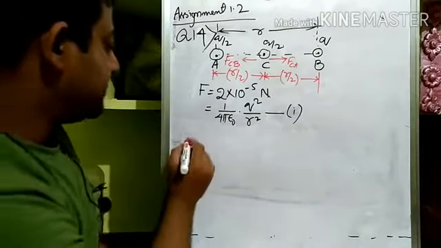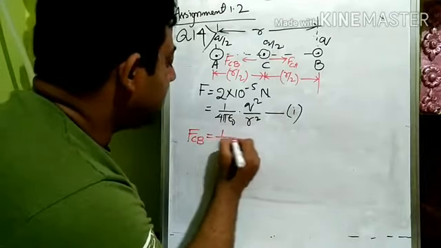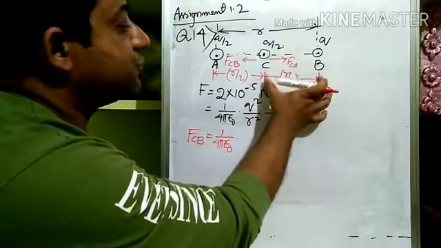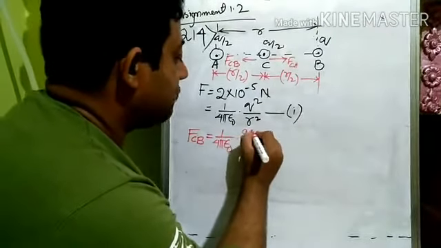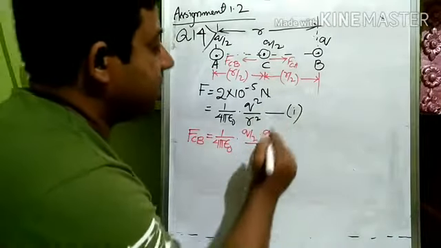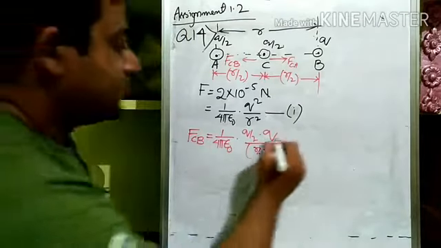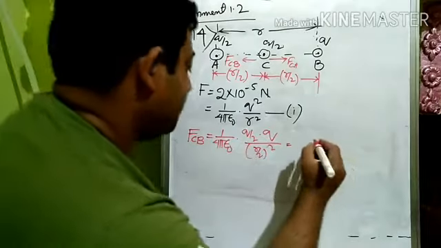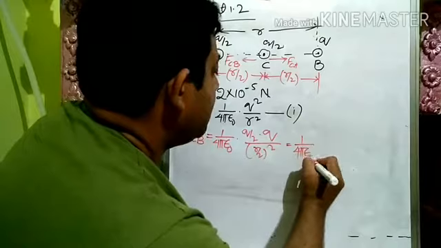FCB is equal to 1 by 4 pi epsilon naught Q1 Q2 by R square, the force between C and B. Q by 2 multiplied by Q by R by 2 whole square.